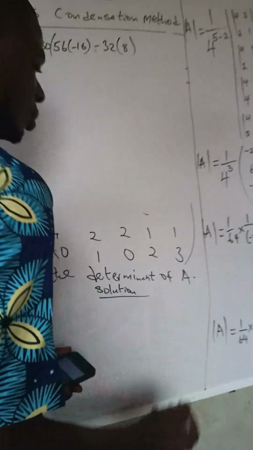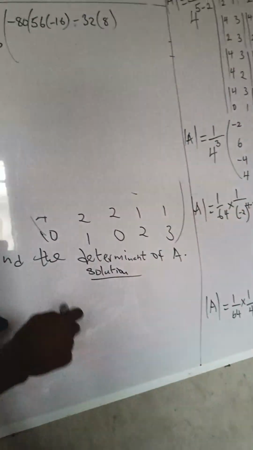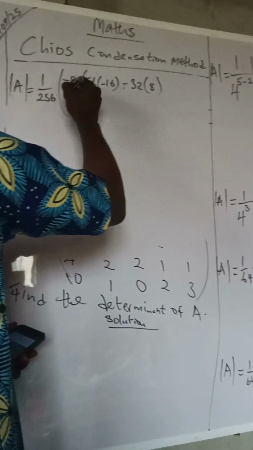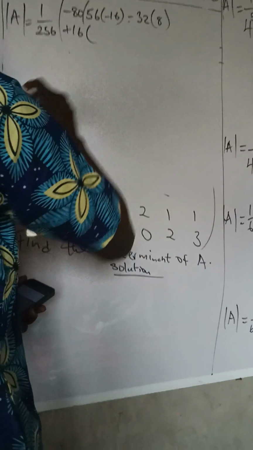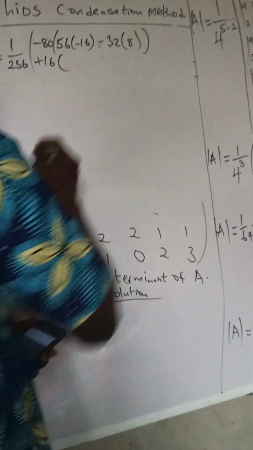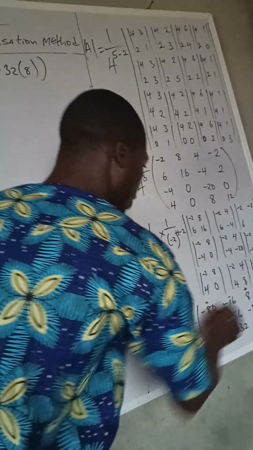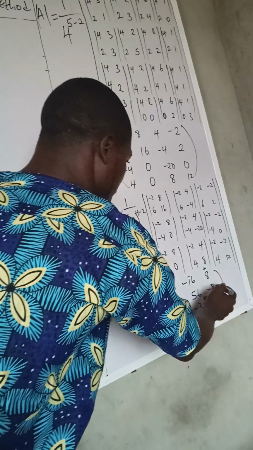The next one, this is carrying minus. So you have minus times minus 16 is going to give us plus 16. So you have plus 16 into, now you cover the column and you cover the row. So covering that, we have this and this.